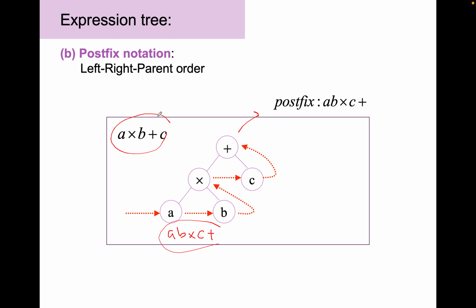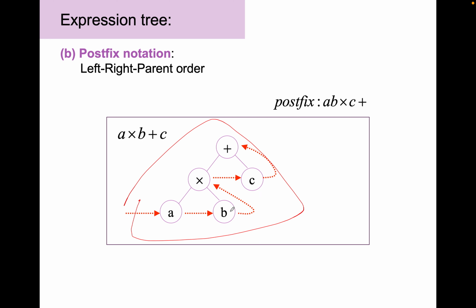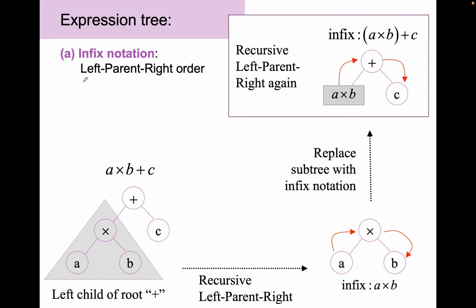We have a similar tree, you can see the figure is similar: A multiply with B plus with C. But in terms of postfix notation, we're going to use left, right, parent. For infix, you can see from this tree, left parent right, and then we move to the right.